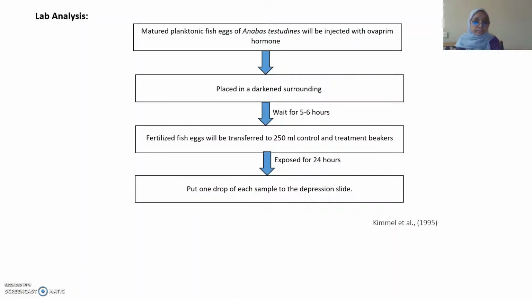After we injected it, we placed the fish in a dark surrounding and waited for about 5 to 6 hours. Then, around 7 a.m., we took out the fish eggs.